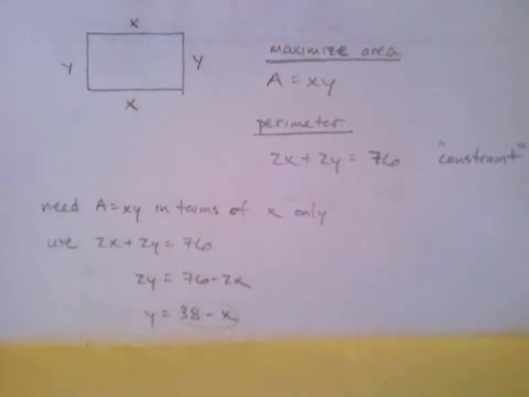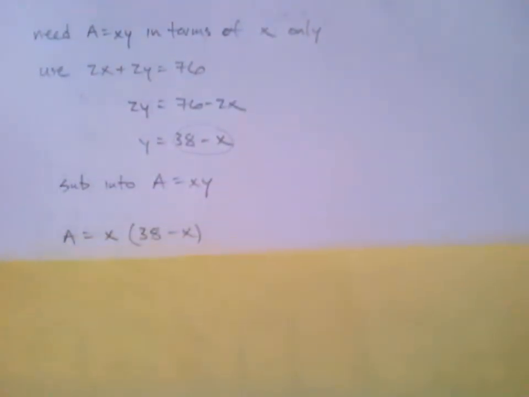So that's a pretty slick way to take advantage of your constraint so that you can leverage it to get your function in terms of one variable. Why don't we go ahead and simplify that? x times 38 minus x, A equals 38x minus x squared. So now we know what the area will be just in terms of x. Pretty cool.